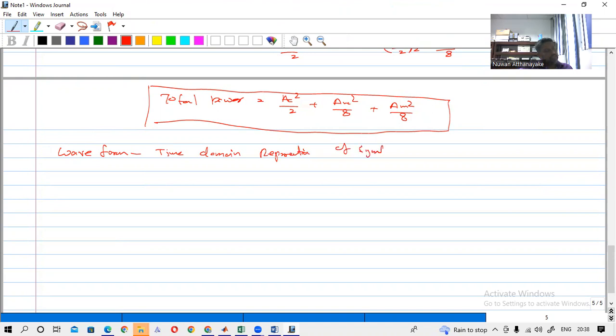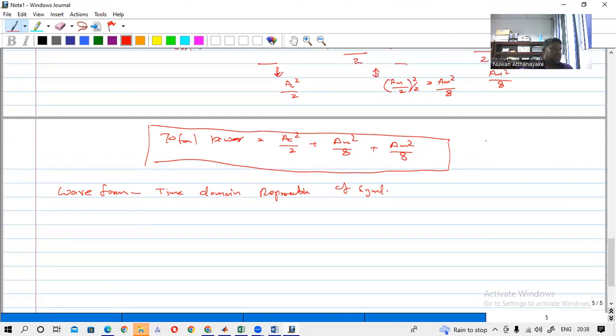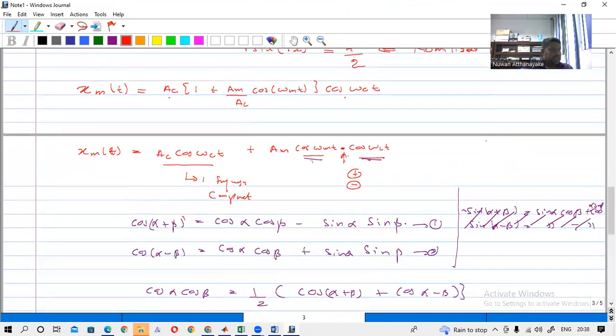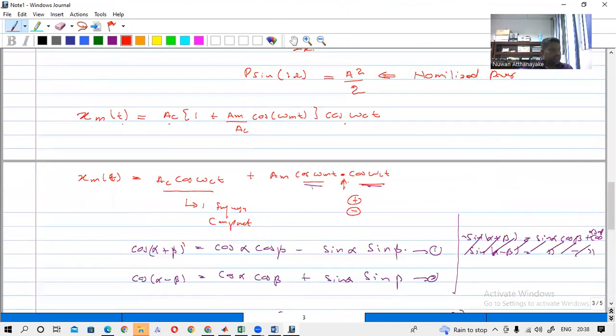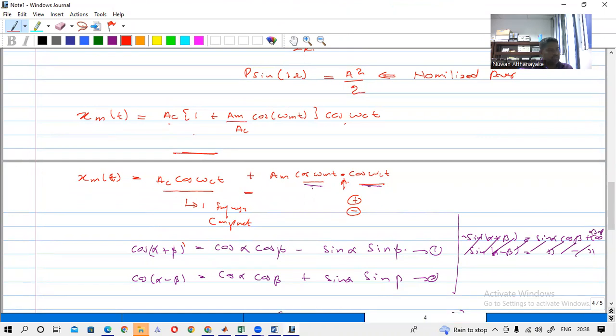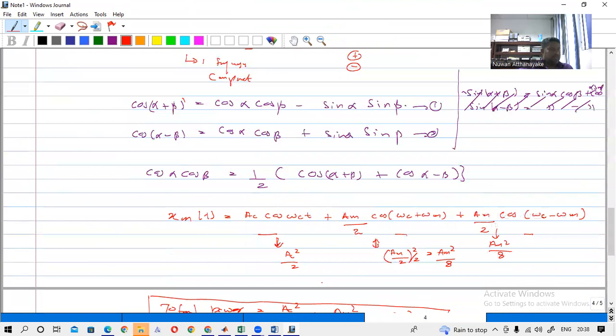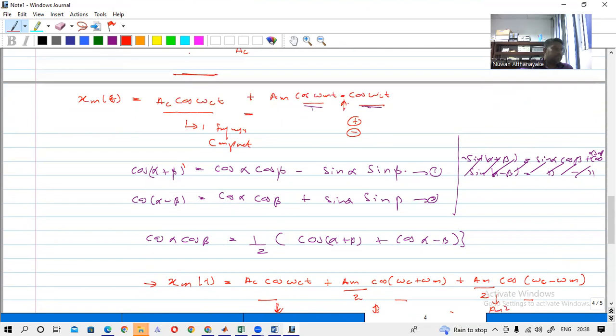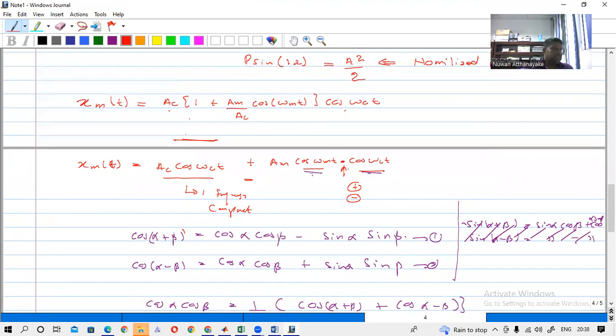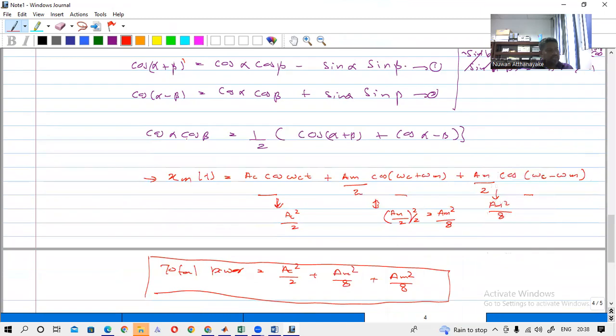This is the waveform we have found. All three expressions are the same; this is also the waveform, and this is also the waveform, so you can write it any way.